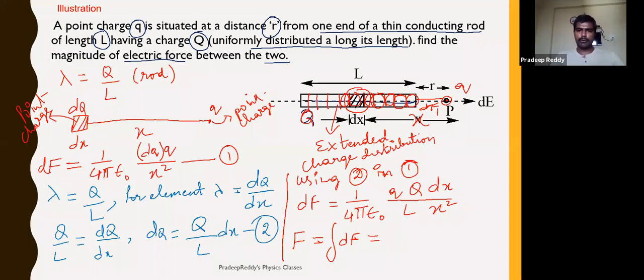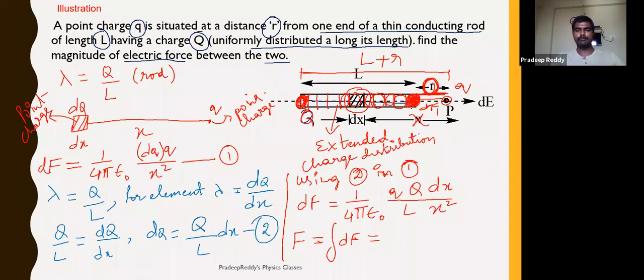Suppose you are taking a very small element over here, then the separation between these two is, right, for the first element, the length is small r, and for the last element, which is present over here, what is the total length between these two? It is capital L plus small r.